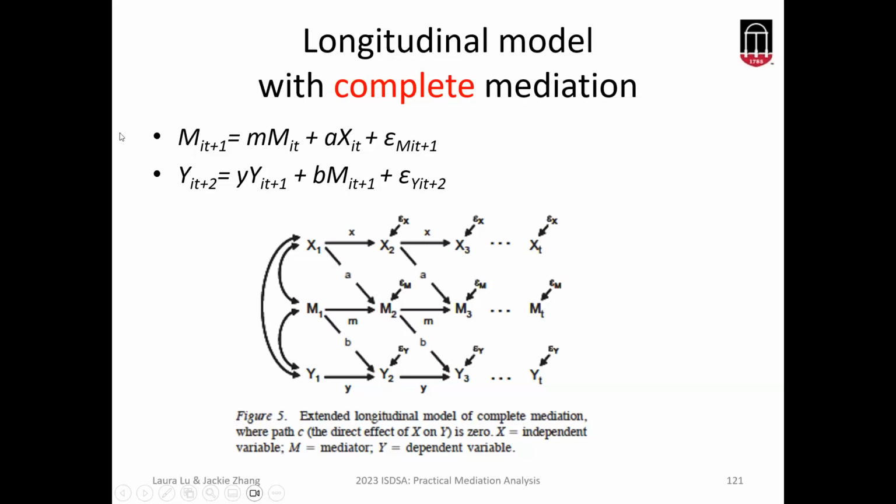M will be influenced by X and also the previous M, and of course these are coefficients. And Y will be influenced by the previous Y and M. Of course, we have some X, but because it's a complete mediation, we just ignore it. Here we do not have the direct effect, so we ignore the C.